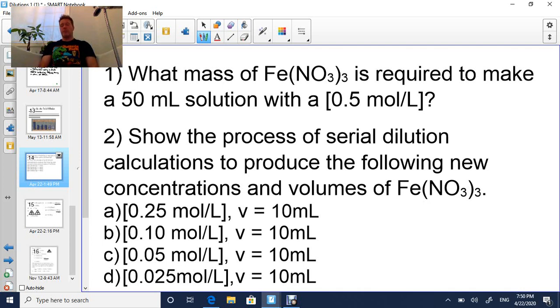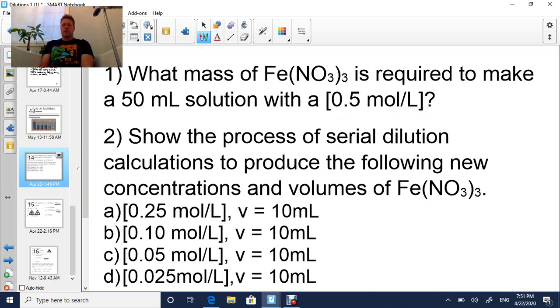So to start off the lab, I'm going to have you make a solution with a specific concentration and volume. So in this case, it's the iron(III) nitrate, and I want a 50 mL solution with this concentration. So you're going to actually take solid iron(III) nitrate and add it to 50 mL of water, and it will turn into the solution that we want.